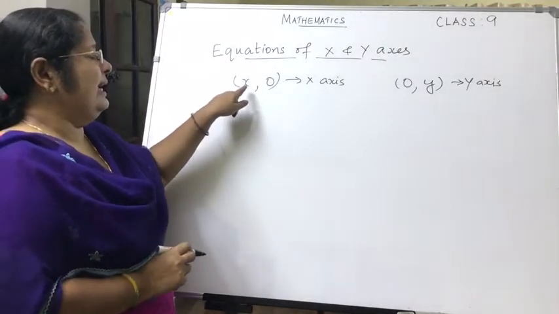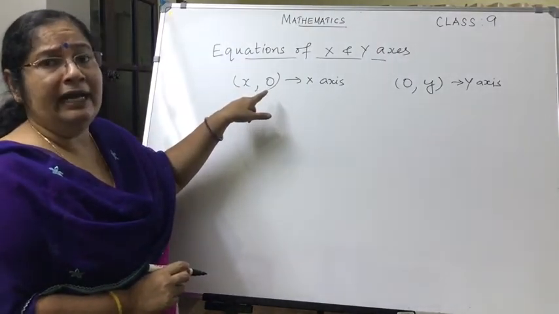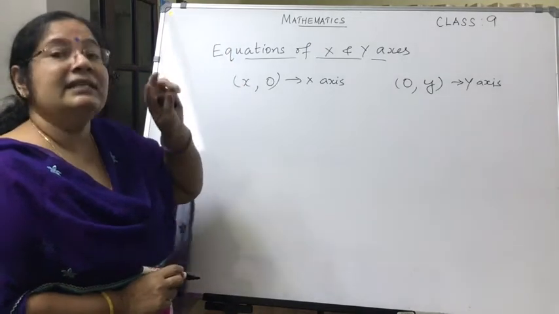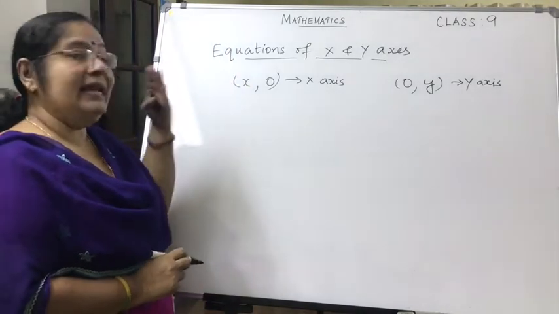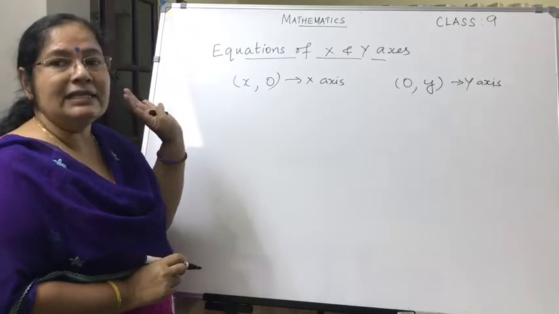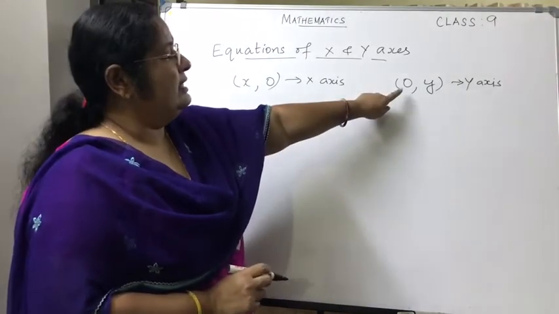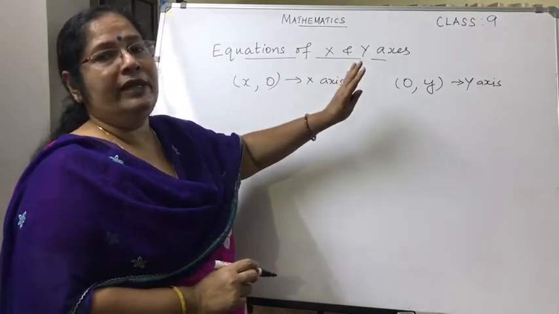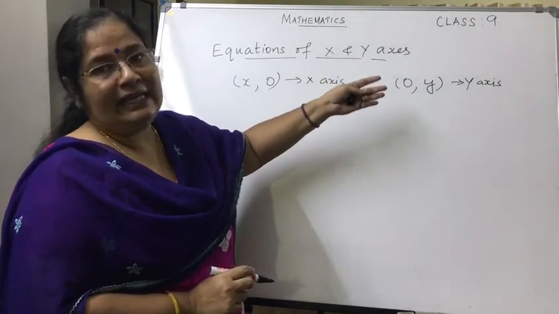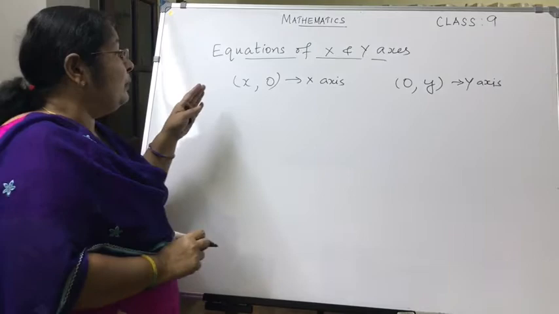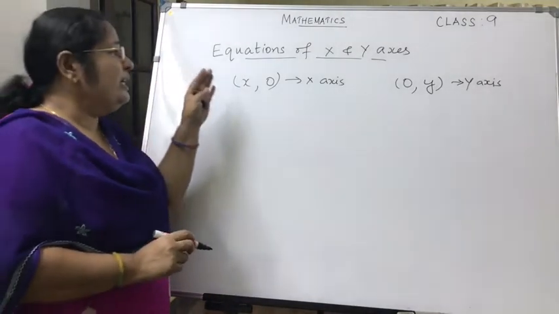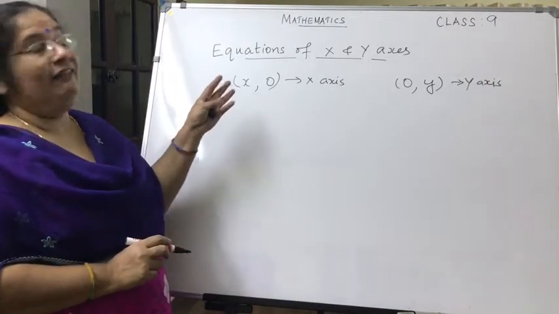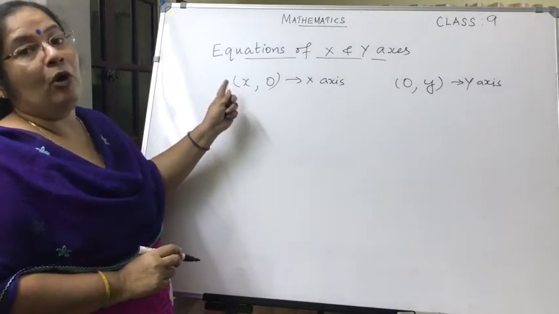Now this x comma 0 tells you that y is 0. X can have any value, y is 0. Same way 0 comma y tells you x is 0 always, y can have any value. So here the equation for x-axis we can get from this point.